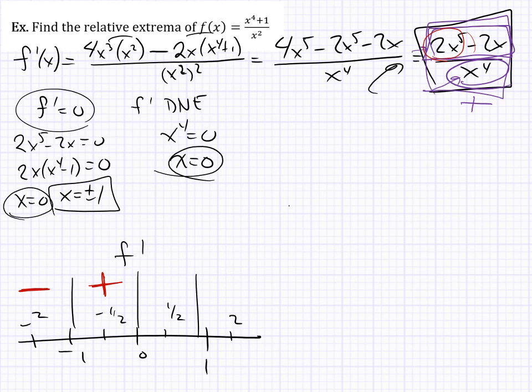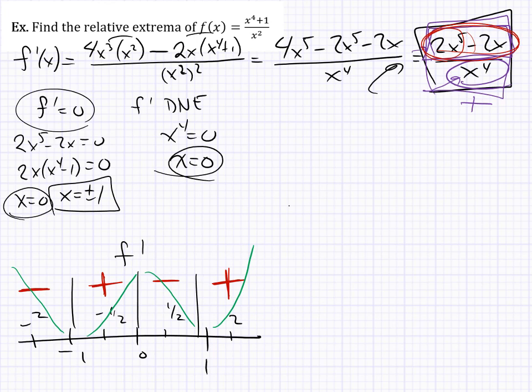I plug in +0.5, and what's going to happen is this is going to be smaller, and we're going to get a negative, and then I would get a positive. You could simply take your time doing that, plug the value in, do the computation, find what the answer is. So then what we see is that our function is decreasing, then increasing, then decreasing, then increasing.